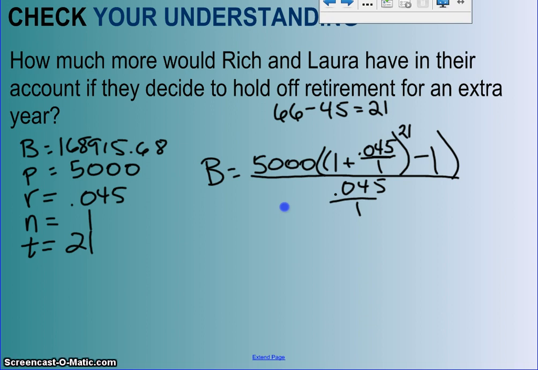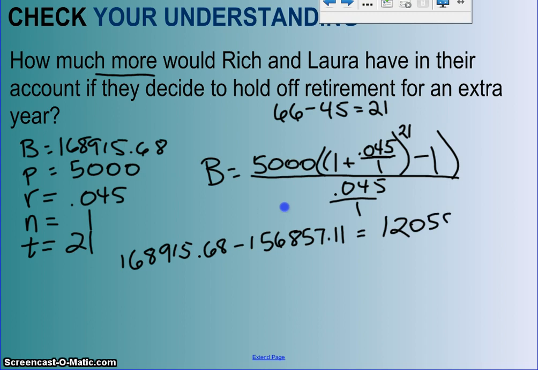It says how much more would they earn. So they're looking at a difference, which is subtraction. In 21 years, they would earn $168,915.68, whereas with the 20 years, they were only going to earn $156,857.11, for a difference, or a more, of $12,058.57. So how'd you do?